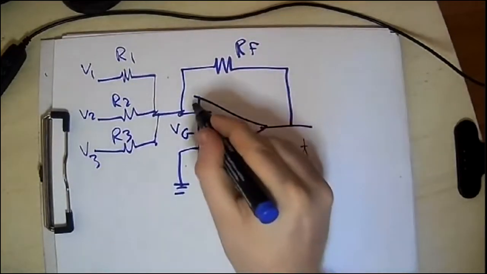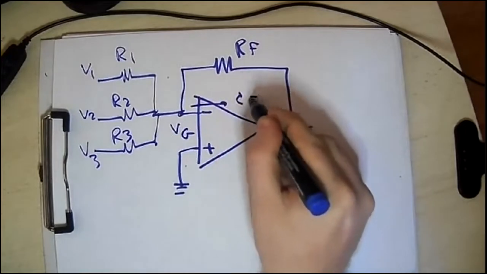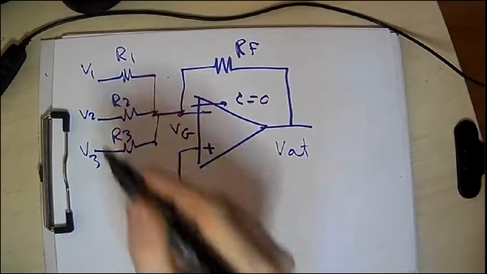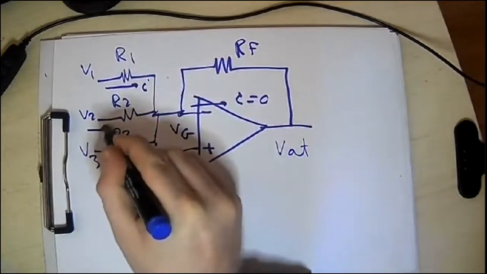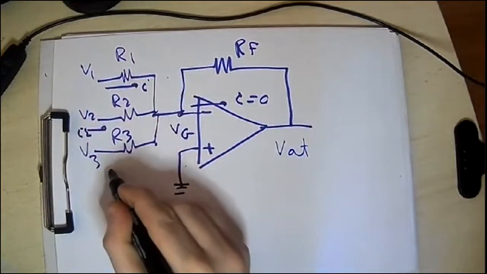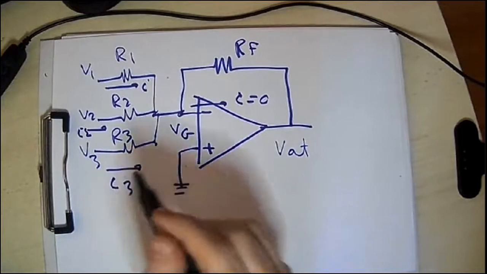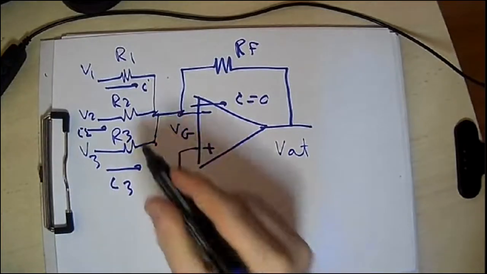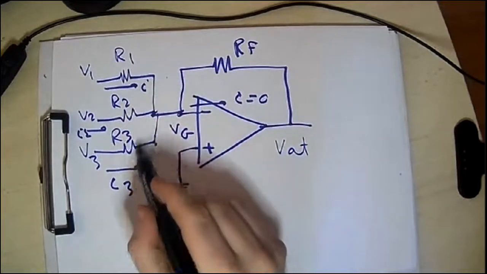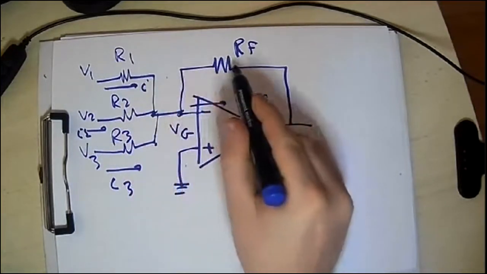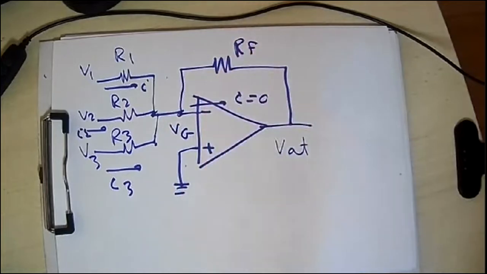Again, no current is flowing inside the operational amplifier. So if I call this I1, I2, I3, whatever, then in this node, these 3 currents come together and flow in the resistance RF. No other option.